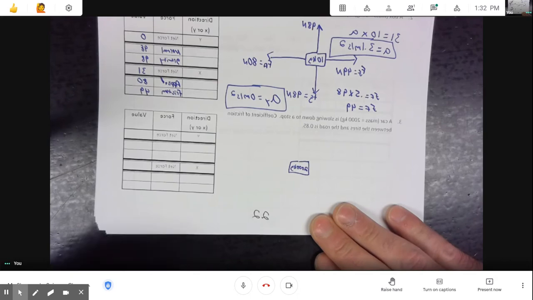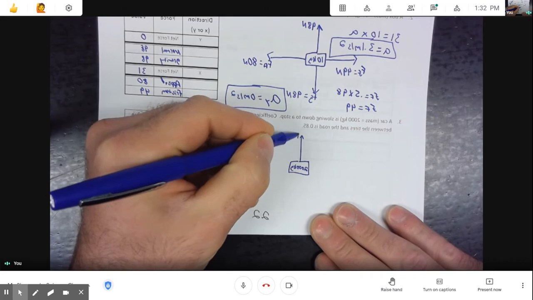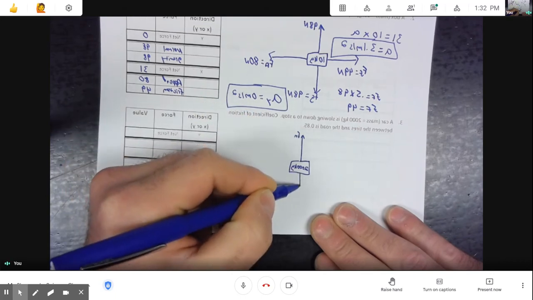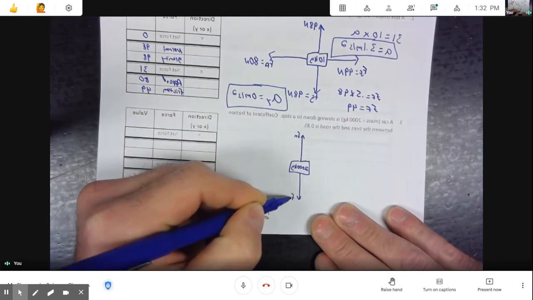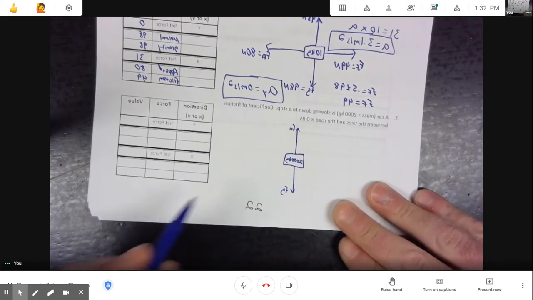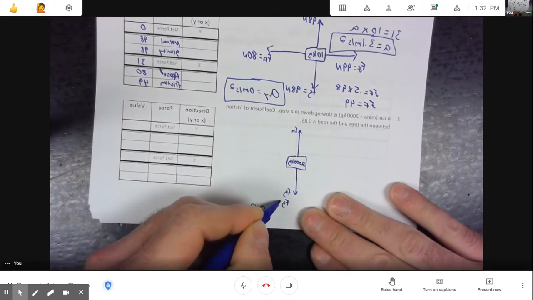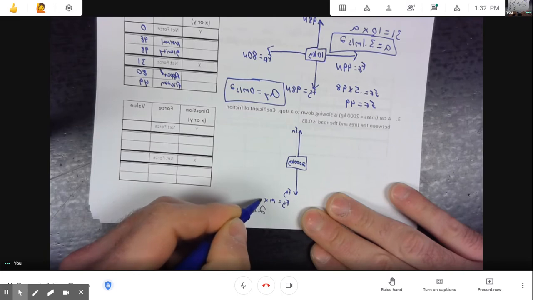First things first, we know that there is a normal force going up, and there is the force of gravity going down. Now, they don't give that to us, but what they do give us is the mass. And with the mass, we can figure out the force of gravity, and then we can figure out the normal force. Force of gravity is going to equal mass times gravity.